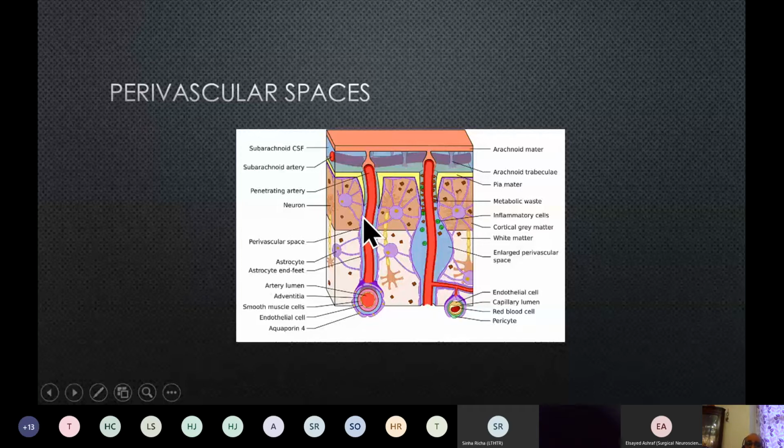Also, it's important to realize that some of these cells contain receptors, one of which is aquaporin 4. And if you have any neurologists amongst us, they would know that the abnormality of this gene, of this protein, is going to be responsible for inflammation in disorders like neuromyelitis optica. Important to understand this concept of perivascular spaces.